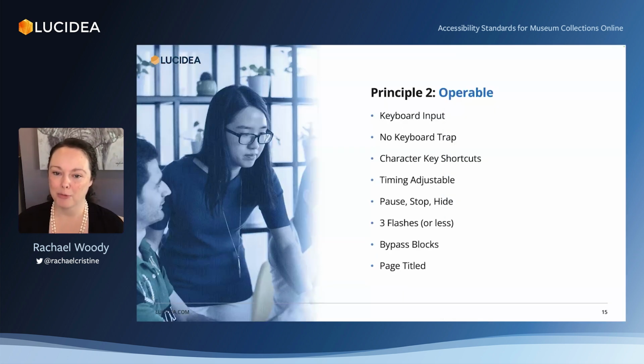So thinking about operable now, several of these are specific to keyboard inputs. So again, making sure there are multiple ways of inputting, as well as making sure there are no pitfalls of using different technologies that have not been supported appropriately. Diving into the keyboard first, we need to make sure that navigation through the collections online can be supported by keyboard input versus mouse input in any of the navigation directions.